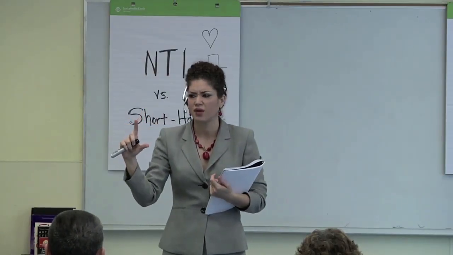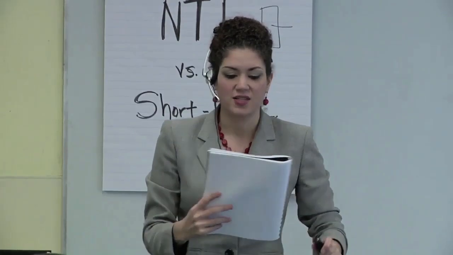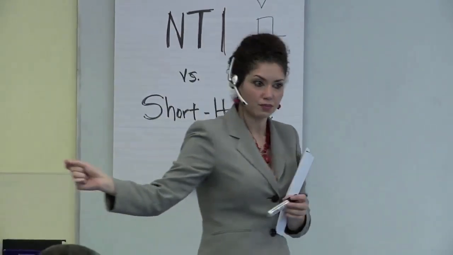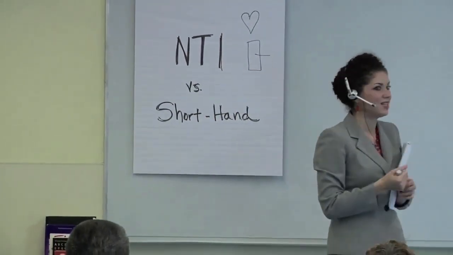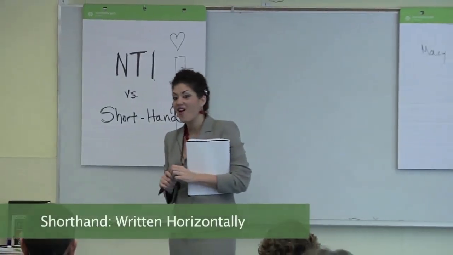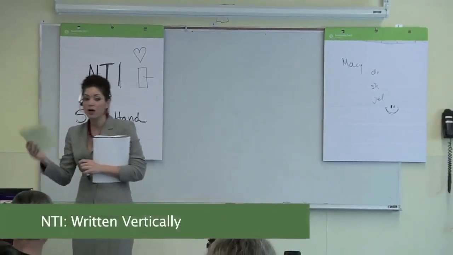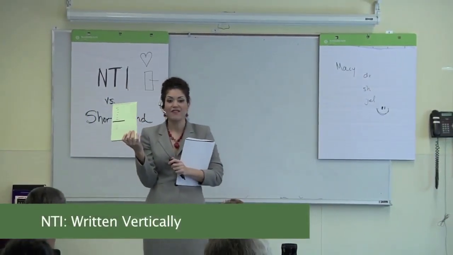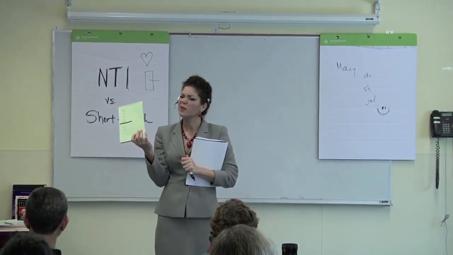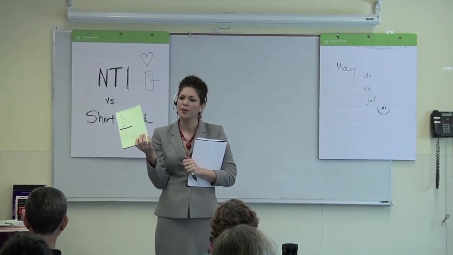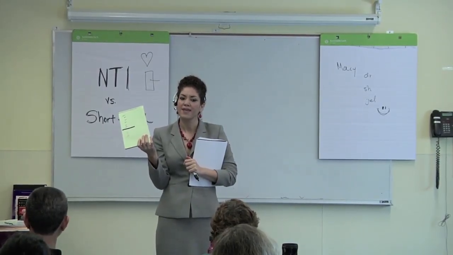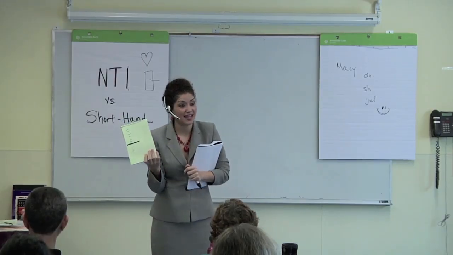Don't be a superhero. Another difference on page 36. Shorthand writes how? Horizontal. And interpreters write how? Vertical. Remember our notepad? We're writing vertical. And why are we writing vertical again? It's easier to scan.